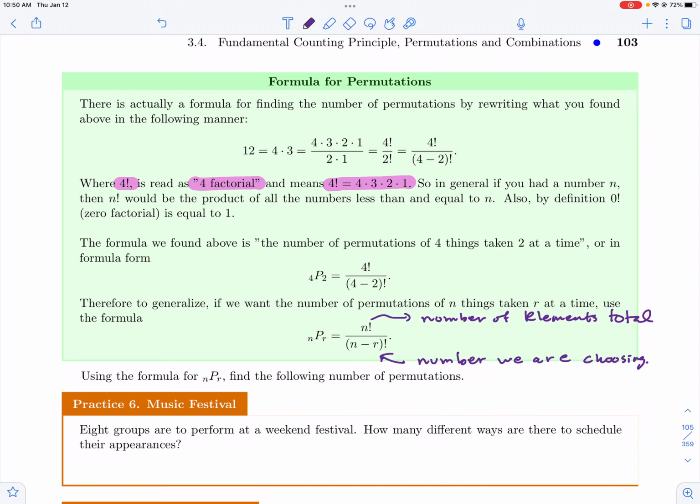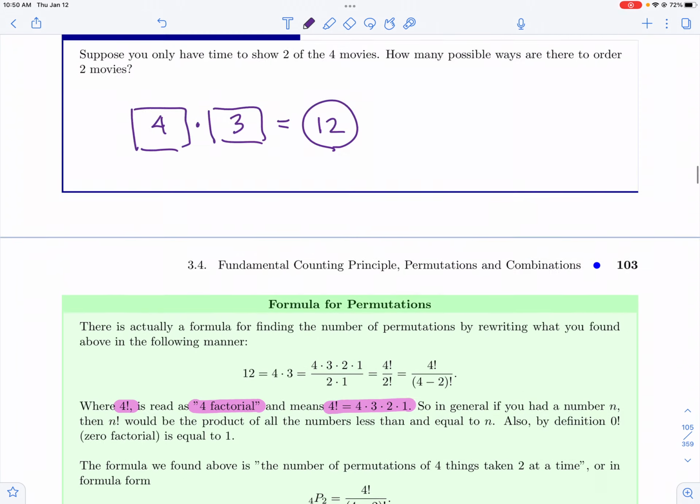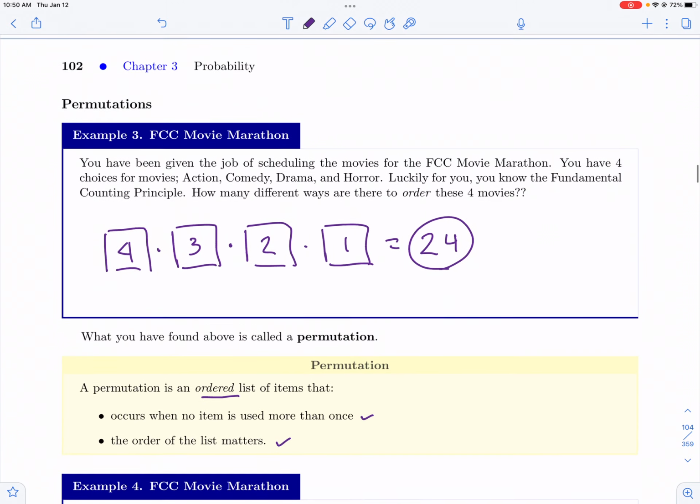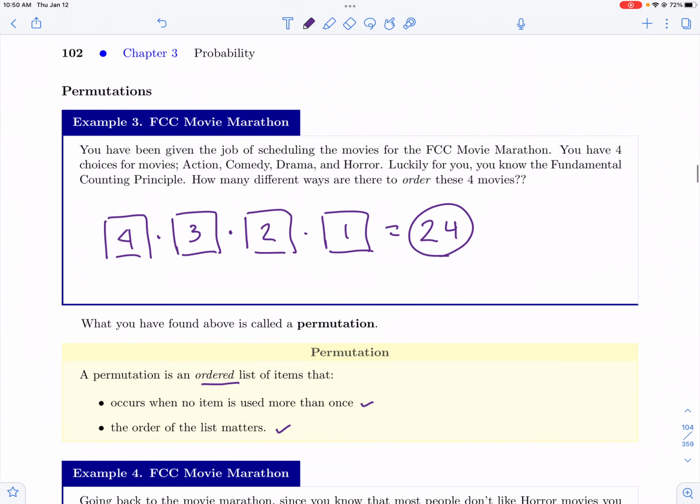So if we go back up above and use this nPr notation, just in case you want to see it or use it, with this original one, we had 4 movies total: the action, the comedy, the drama, and the horror. Using all 4 movies, in this case our r was actually 4 as well. So if we were to write this using our notation, we'd write it as 4P4, like that.